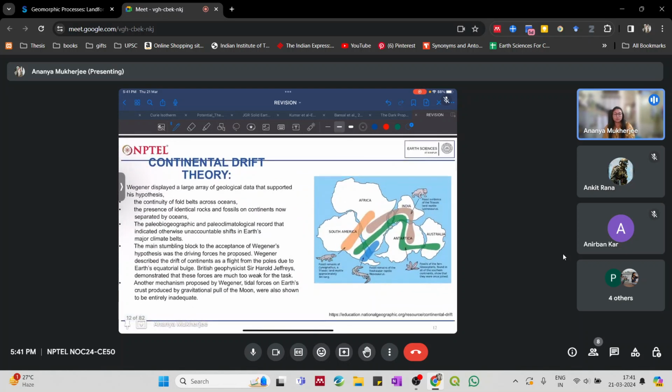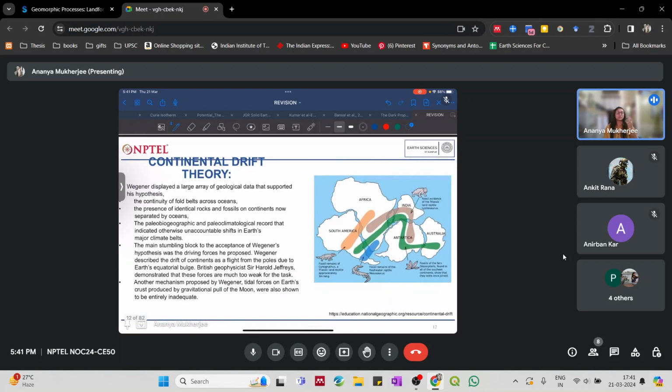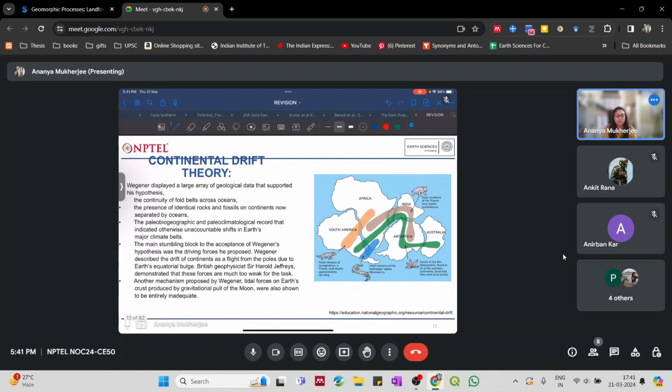Now, to first understand the endogenic processes, the continental drift theory was put forth to try to understand how the different continents moved away from each other.